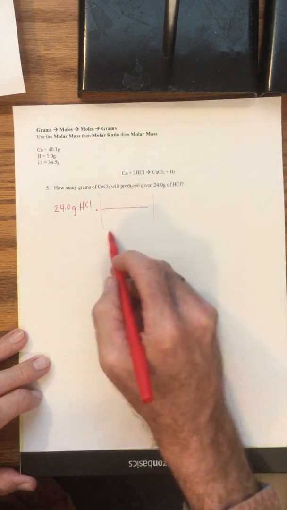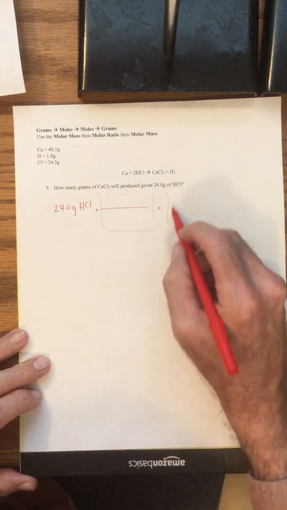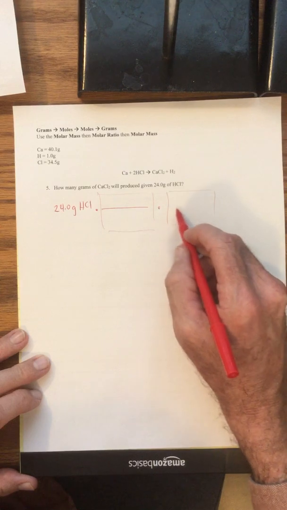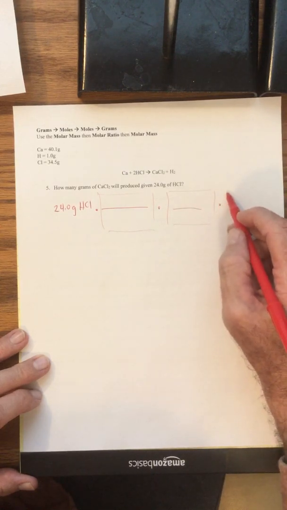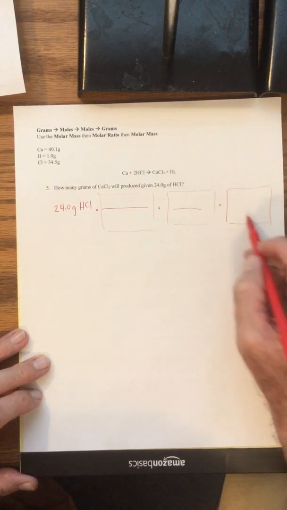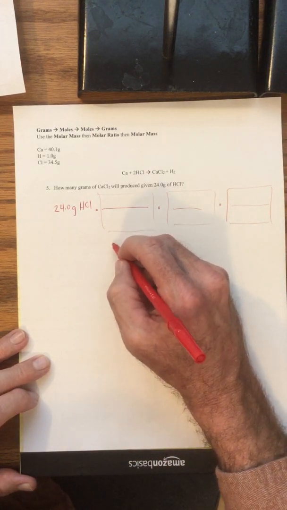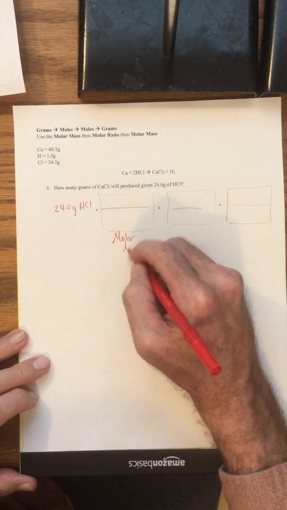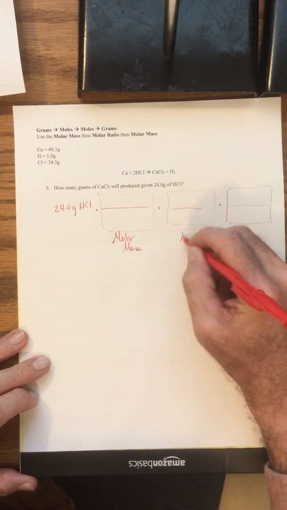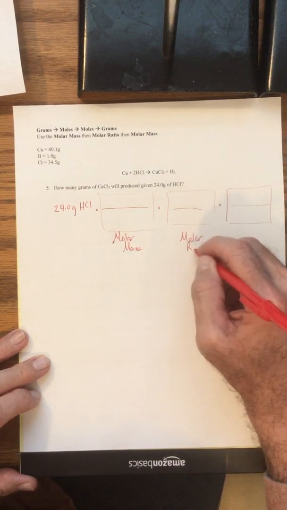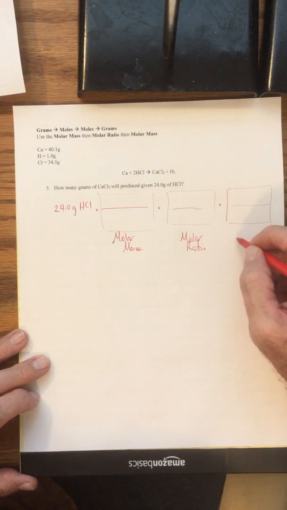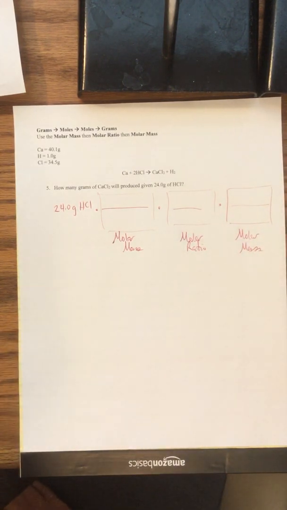Okay, so here I'm going to have 3 multiplications. The first one is going to be the molar mass. This is going to be the molar ratio found in the coefficients, and then again, the molar mass again, but it's going to be the molar mass of the product.